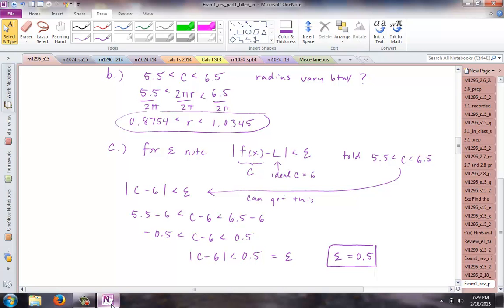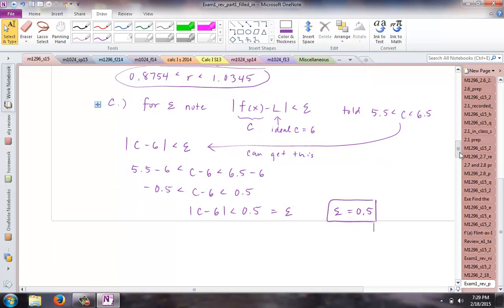So we're going to do delta in a similar way. So from the precise definition, this is for delta: the absolute value of x minus a is less than delta. So with this little word problem application, what was our x?